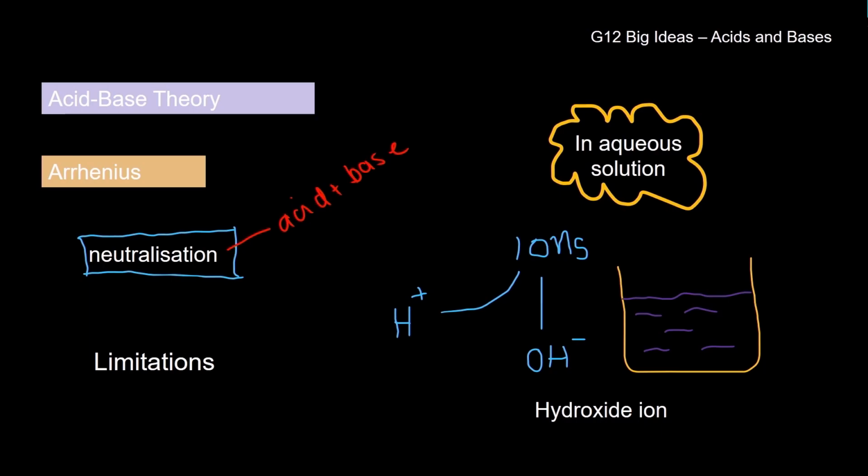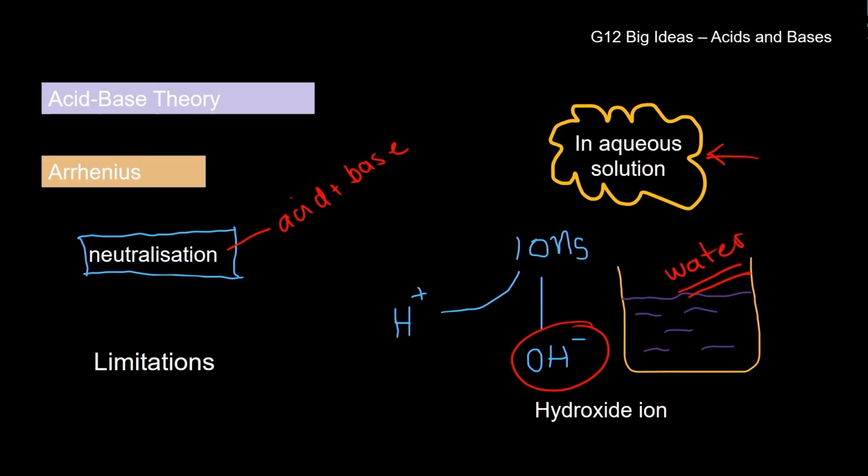He also looked at it in one solvent, and that solvent was aqueous solution, so it was in water. He only looked at what was happening with acids and bases in water, and so this was another limitation, that he only viewed the solvent as being water, even though there are other solvents.